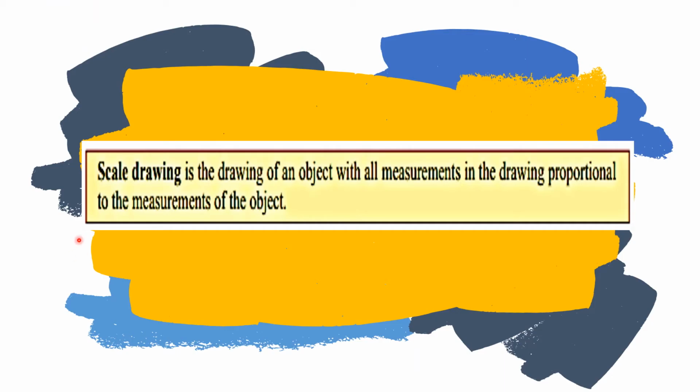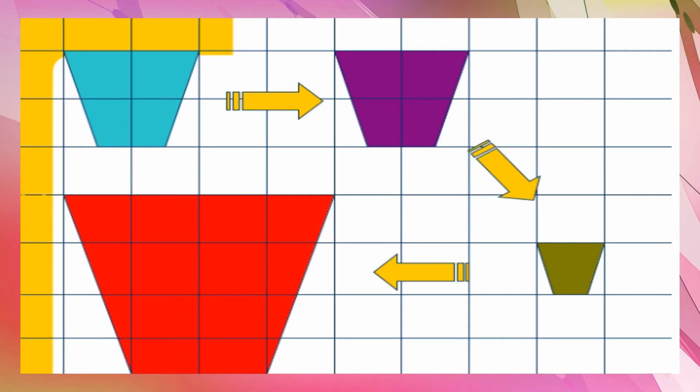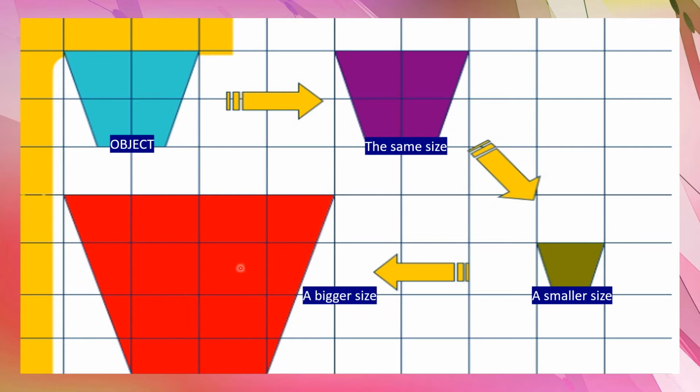So here's the definition: a scale drawing is the drawing of an object with all measurements in the drawing proportional to the measurements of the object. Here is the object, and the rest are scale drawings with different sizes. The first one is the same size, the second one is smaller, and the third one is bigger. All of these reduce or increase by a certain proportion.